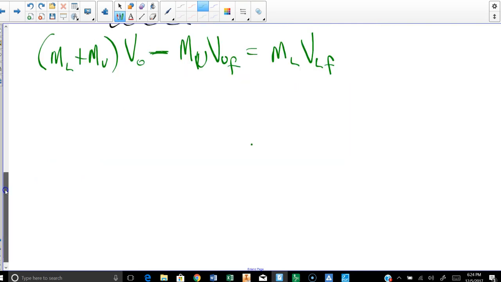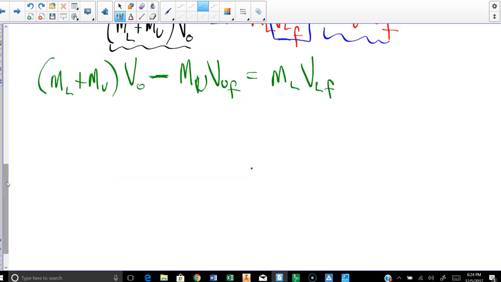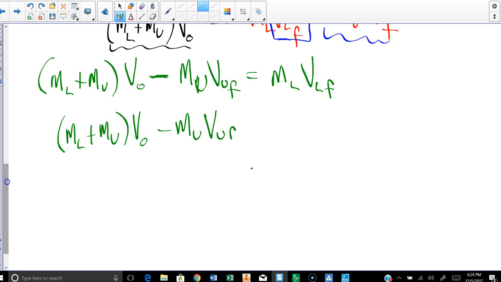And then we'll divide both sides by that mass. So (mass lower plus mass upper) times original velocity minus mass of the upper times velocity of the upper final, all over the mass of the lower stage. That should give us our answer.